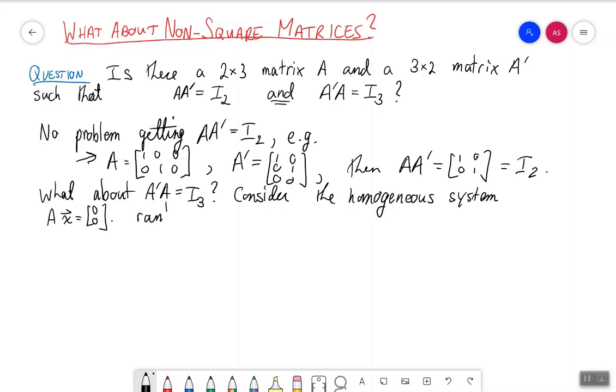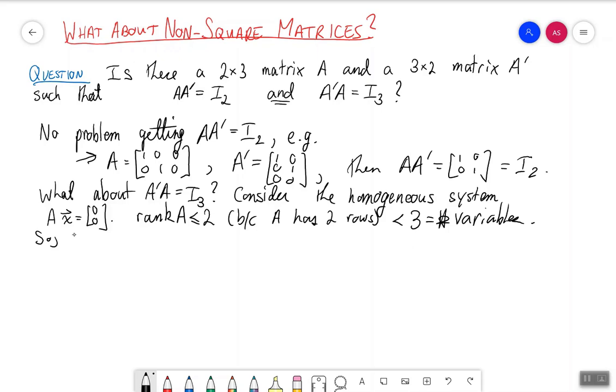The rank of the matrix A is less than or equal to 2, because A has 2 rows, which is less than 3, which equals the number of variables in the system. So the system has infinitely many solutions to the system AX equals 0.